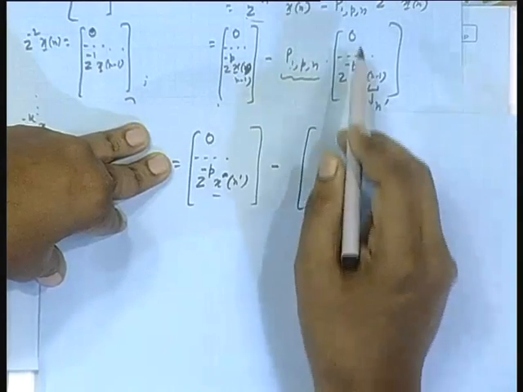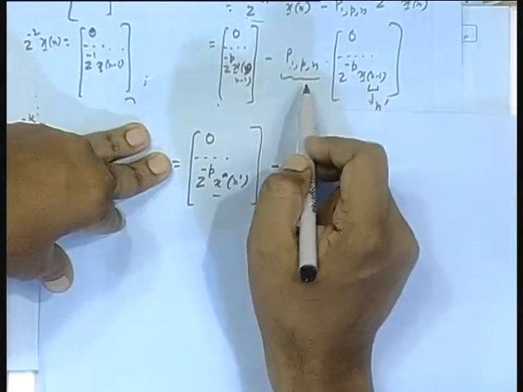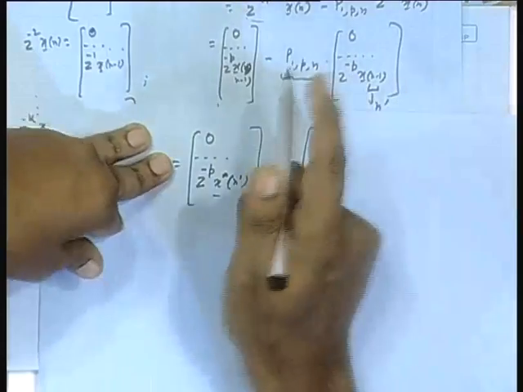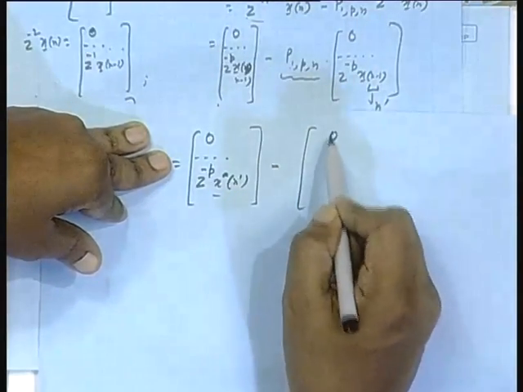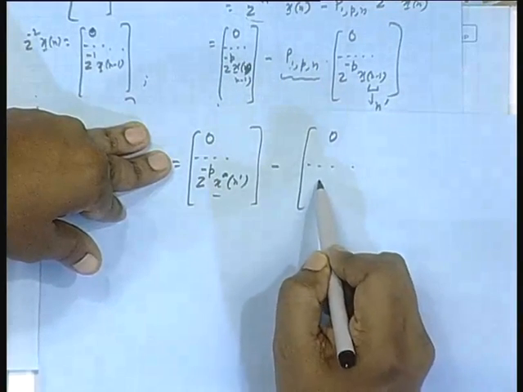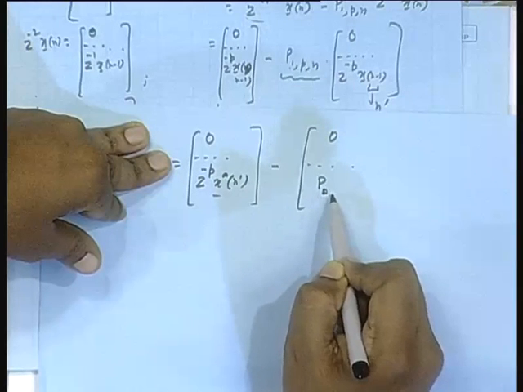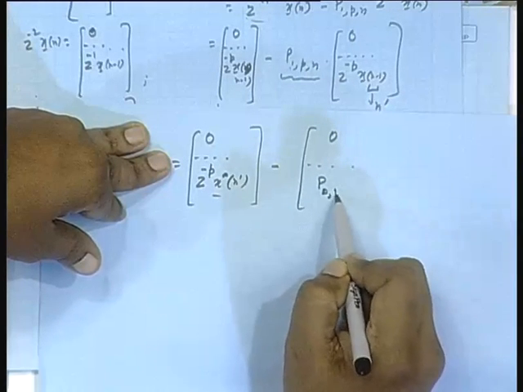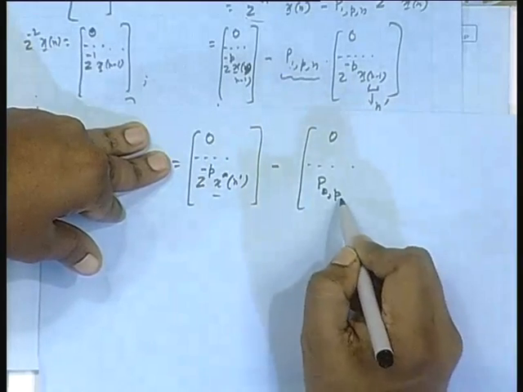Minus this 0 remains as it is, because when you linearly combine the columns, every column has a 0 on top. So, combined output also 0, isn't it? So, that is 0, and before that you get P, 0, P minus 1. Thank you very much.